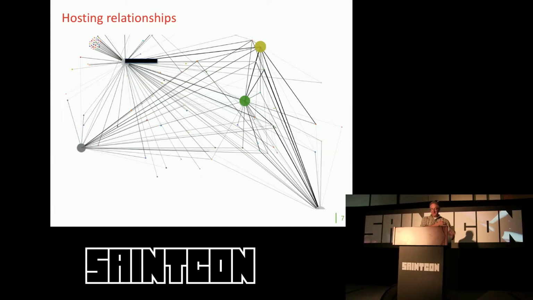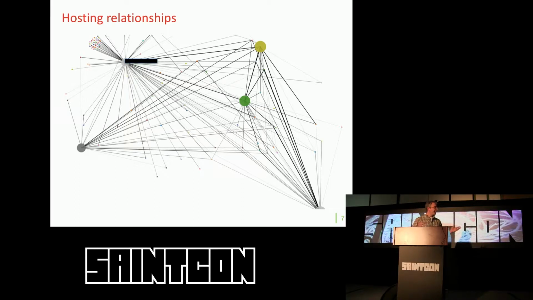And also, these are not data centers that they own. That big yellow dot up in the upper right-hand corner, I believe, is Amazon AWS. The green one is Microsoft Azure. Down in the bottom right-hand corner is IBM.